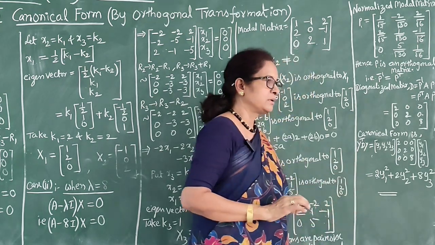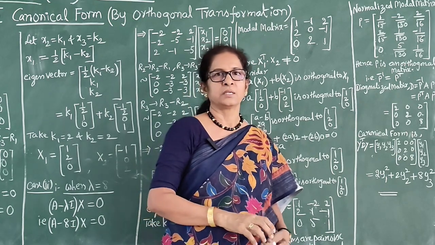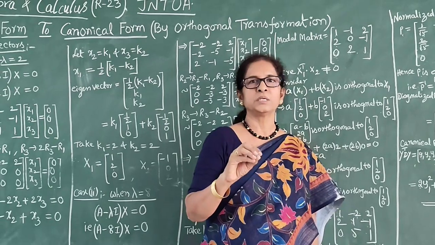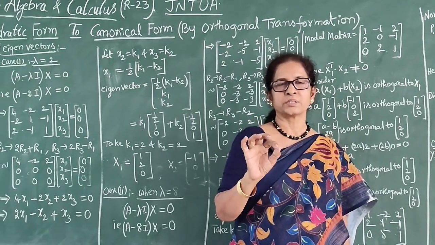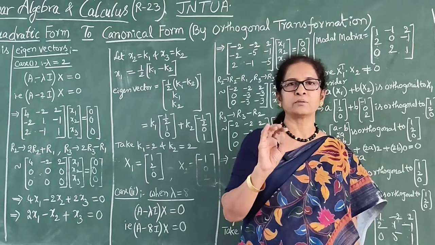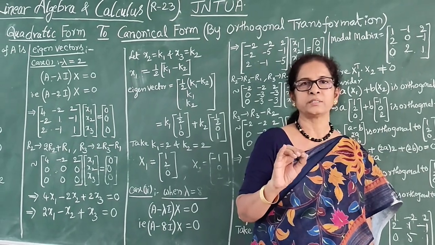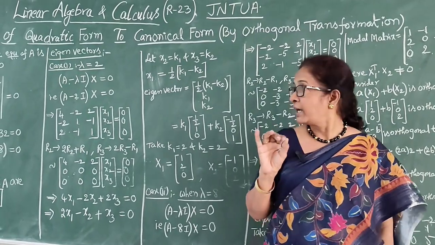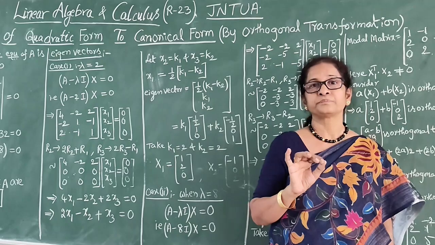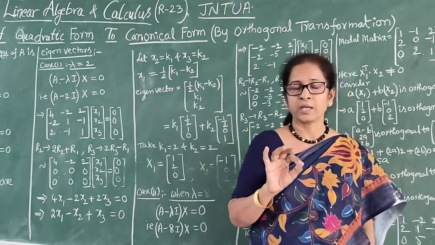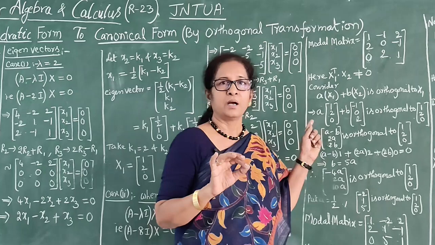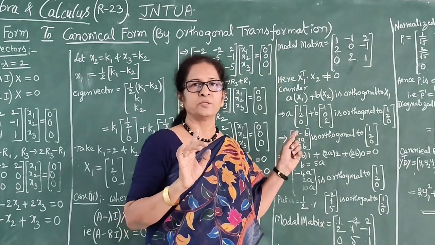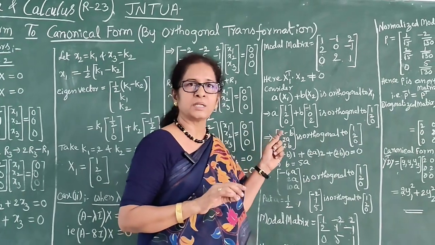So finally, to find the canonical form of the given quadratic form by using orthogonal transformation, the first step is to find the eigenvalues of the matrix, and the second step is the eigenvectors of the matrix for those eigenvalues. The third step is to write the modal matrix, and this modal matrix has to satisfy two conditions. The first one is pairwise orthogonal.